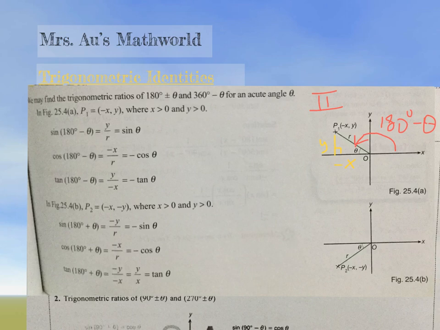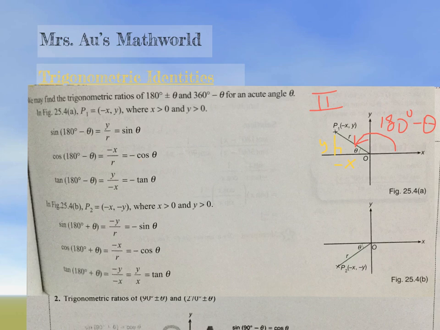If I want to calculate the value of sine of 180 degrees minus theta, it's the same as the normal way, y over r, with a positive sign as in quadrant 2. But for cosine, you see that this is negative x, but r is still positive, so it becomes negative cosine theta.